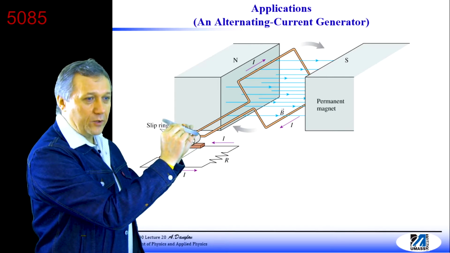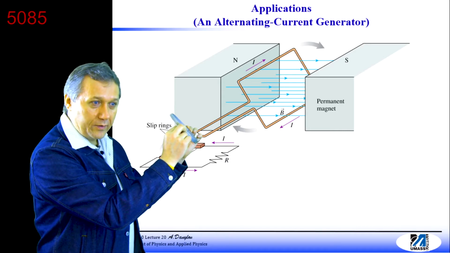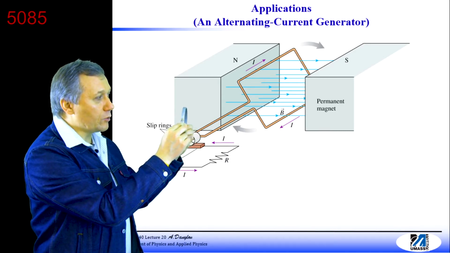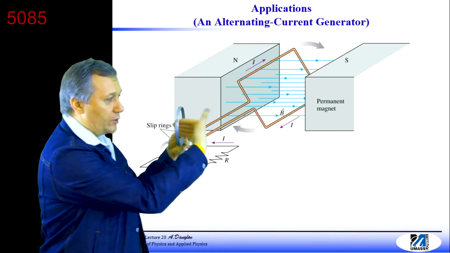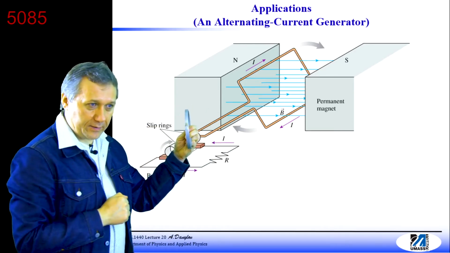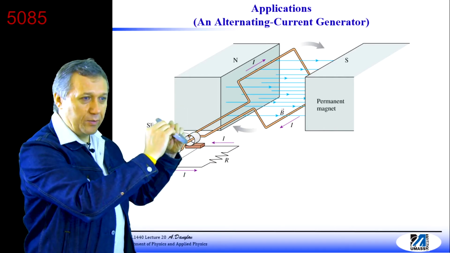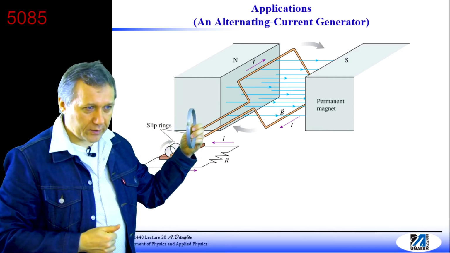And if I start spinning, of course, now flux starts appearing. And flux is growing as I keep spinning. It will keep growing up to this position, when the loop is perpendicular to the magnetic field lines. So now the flux is maximum. Over this period of time, current will be, for example, in the clockwise direction.